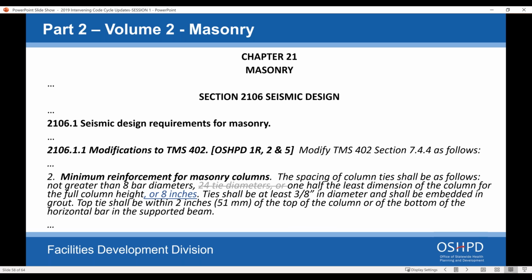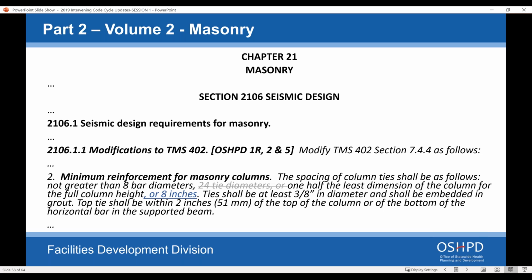Yeah, so this is the minimum reinforcement for masonry columns. It says the spacing of column ties shall not be greater than 8 bar diameters, 24 tie diameters, or 1/2 the least dimension of the column, or the full height of the column.